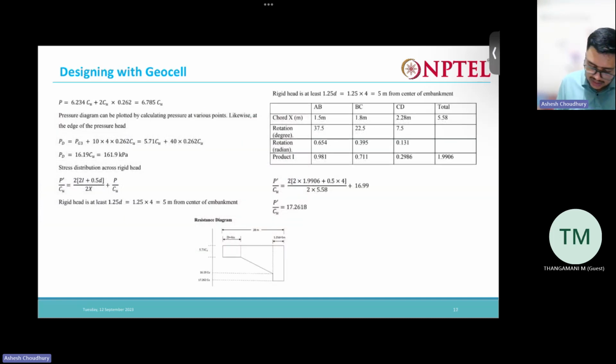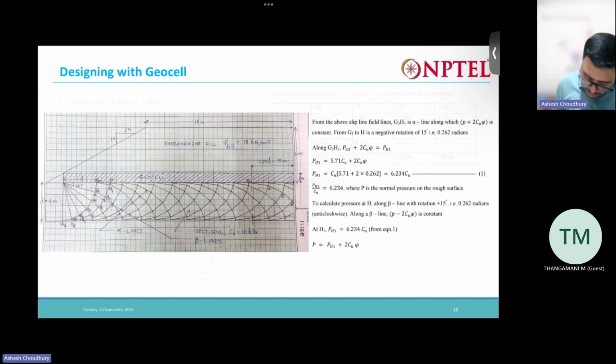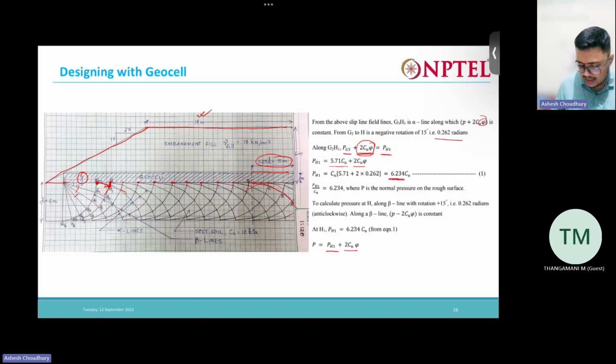Finally at H we get 6.785 Cu. Like this, you have to find the pressures at all these points, one by one, going the network way.